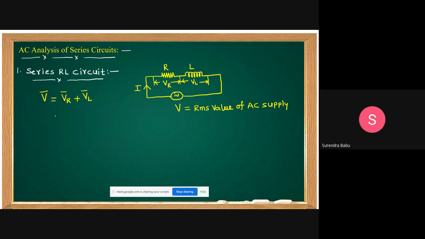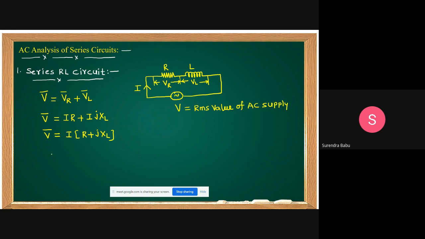Shall I write like this? V equal to VR, I'm writing I into R, plus I into jXL. For the inductor, you write the inductive reactance that I told already. Take I common: V equal to I times R plus jXL.